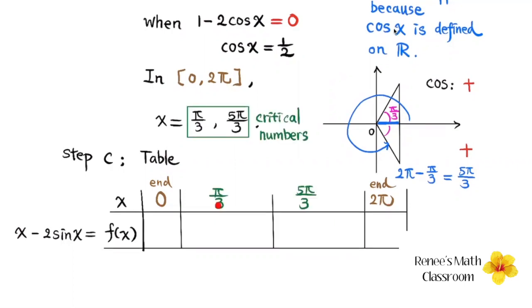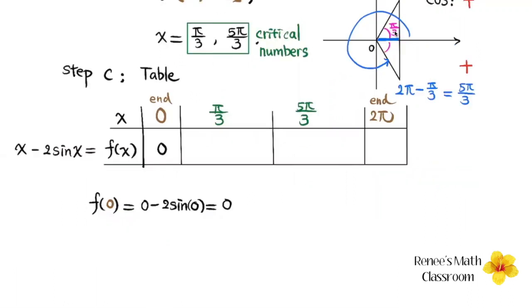We put the two critical numbers in this table. Now we substitute all these x values into the x in this function to find the corresponding f of x. We have f of 0 is equal to 0.